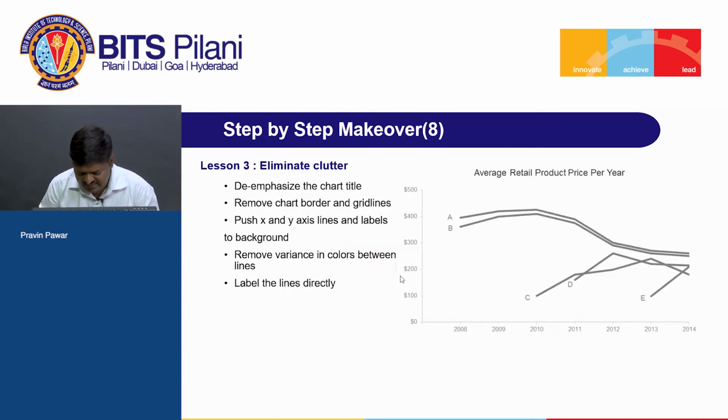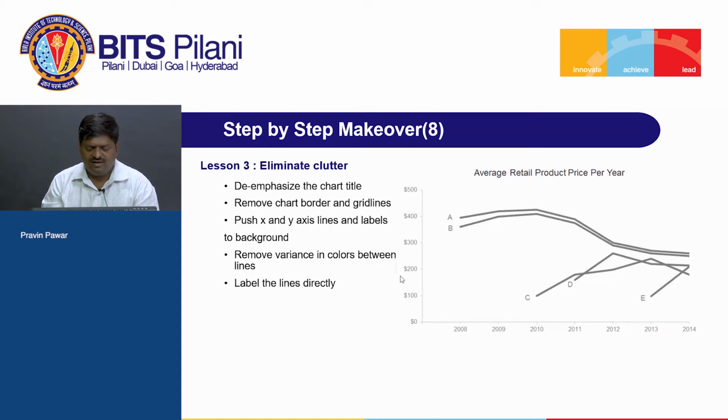The third lesson that we learned is about the extraneous elements present on our visuals. Those are the elements which occupy space and don't help in any manner to improve the understanding of the visualization, but rather increase the cognitive load that your audience has to use to get information out of that visualization.